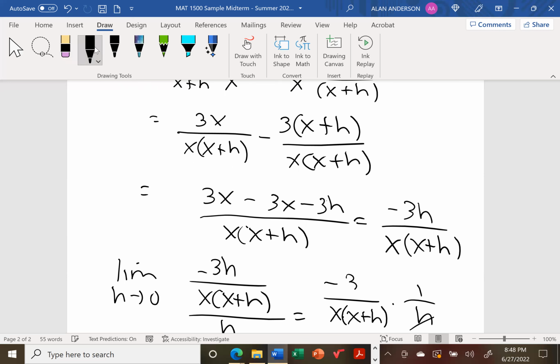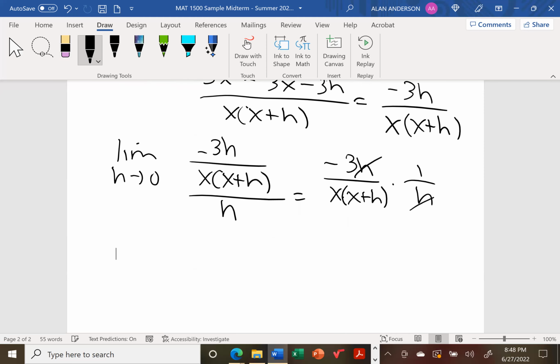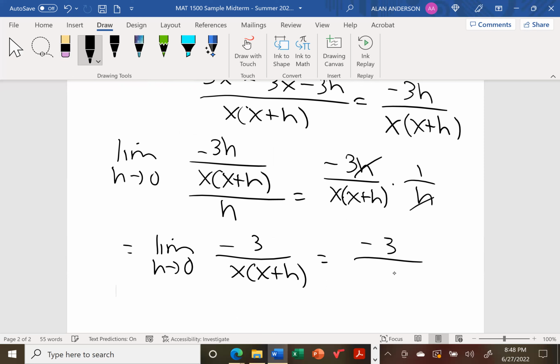Okay, now these h's do drop out. And I'll be left with minus 3 over x plus h. Now I can directly substitute x plus 0. So I end up with minus 3 over x squared.